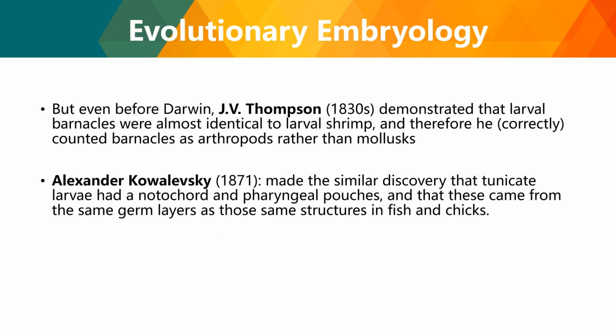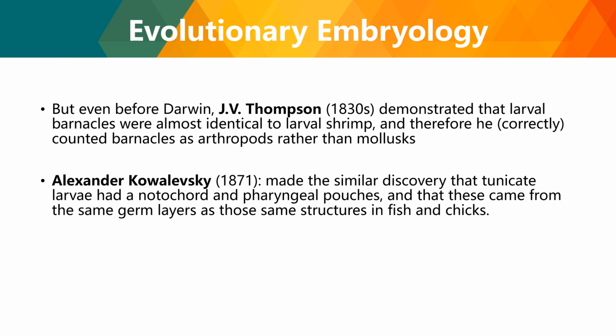So for the application in or linkage of developmental biology with evolutionary embryology, even before Charles Darwin, J.V. Thompson demonstrated already that larval barnacles were almost identical to larval shrimp, and therefore he correctly counted barnacles as arthropods rather than mollusks.